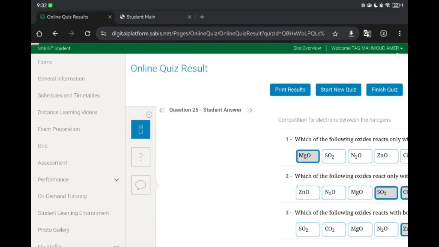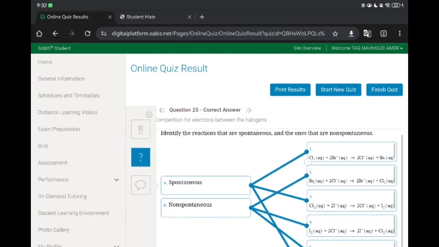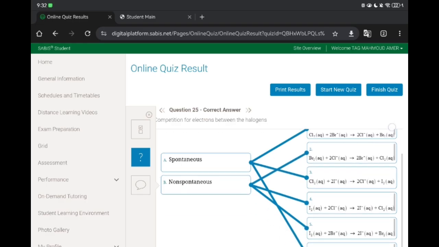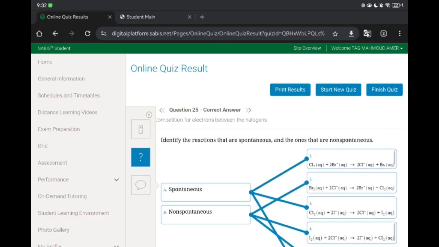Cl2 plus 2Br minus gives you 2Cl minus plus Br2. If you remember the whole table I did, Cl was above Br. That means Br is the one that's going to be oxidized. Because look, we can split up the equation really easily.